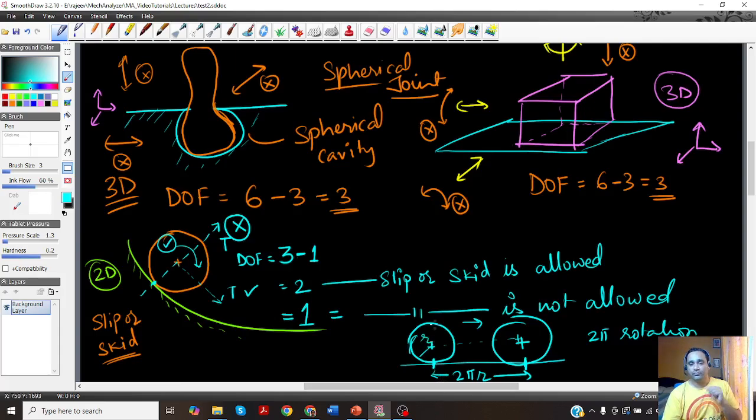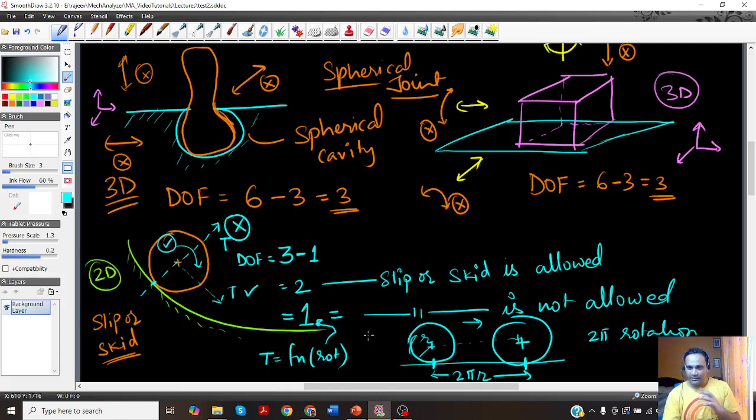So the translation is a function of rotation. So I can only assume that I'm rotating, hence translation is happening. So this rotation will become the degree of freedom in that case.